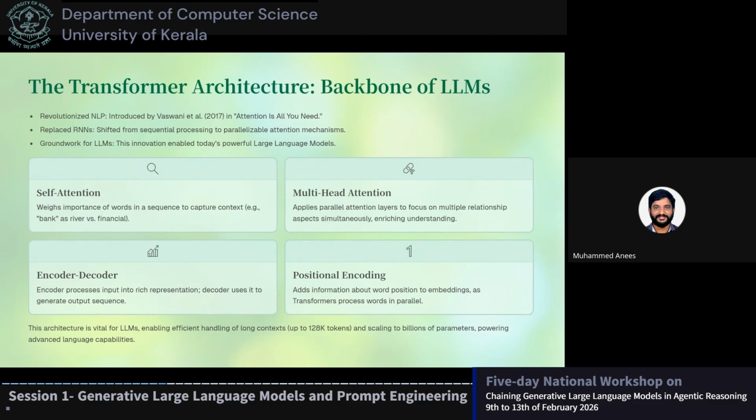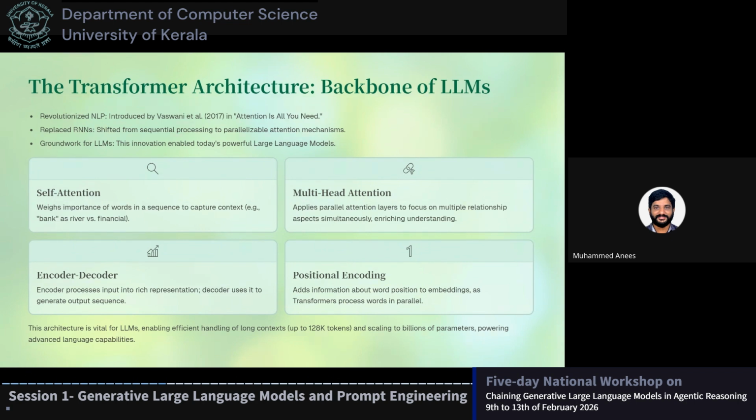Now let's see the architecture behind the LLM, that is the transformer architecture. The transformer architecture was first introduced in a paper called Attention Is All You Need, in 2017. Before that, we had RNNs for language processing.